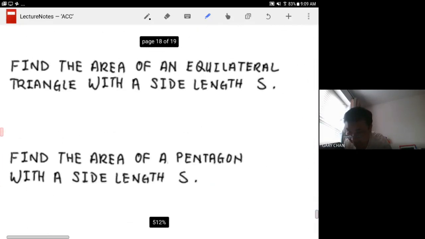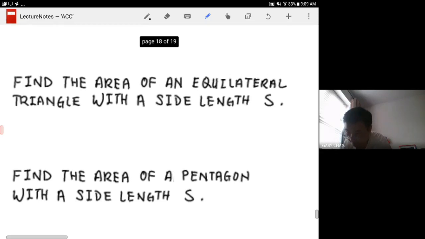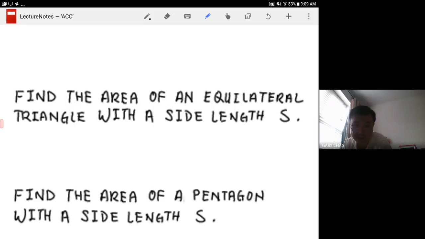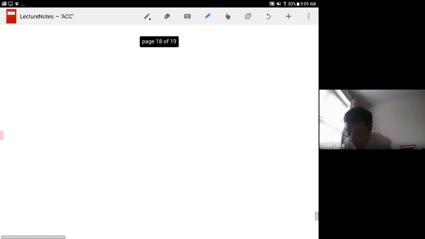Actually, it was something like this: find the area of an equilateral triangle with a side length of S, and express it in simplest radical form. Was that right? Yeah. Okay.